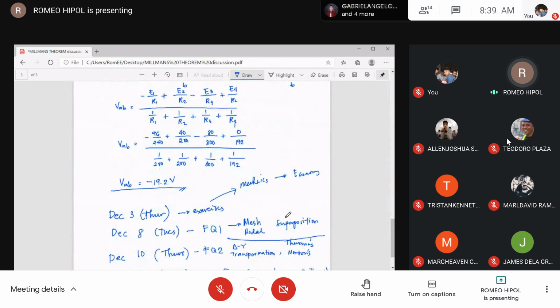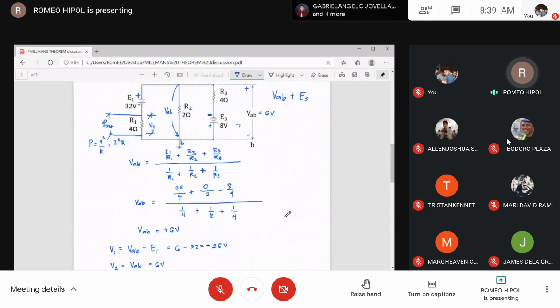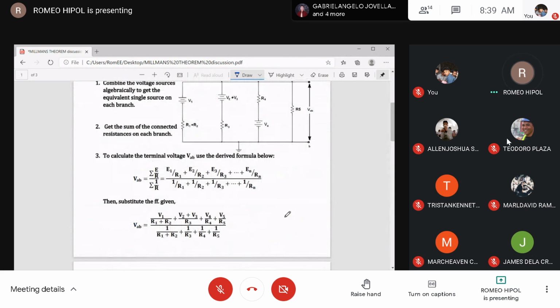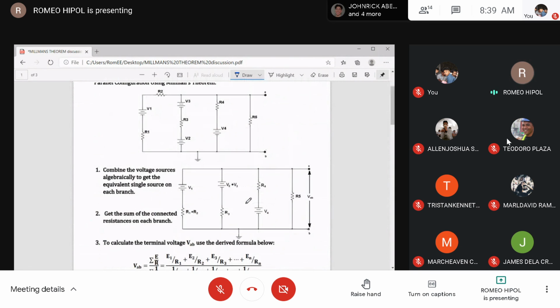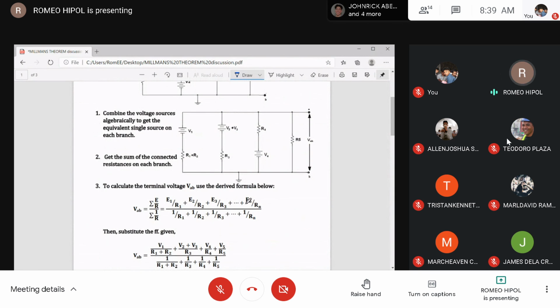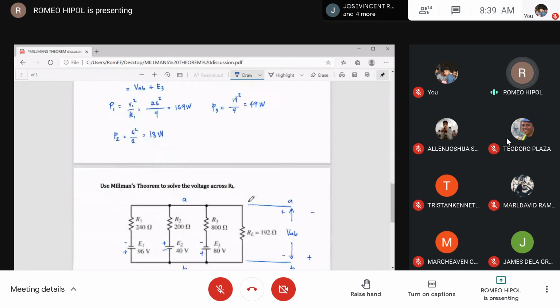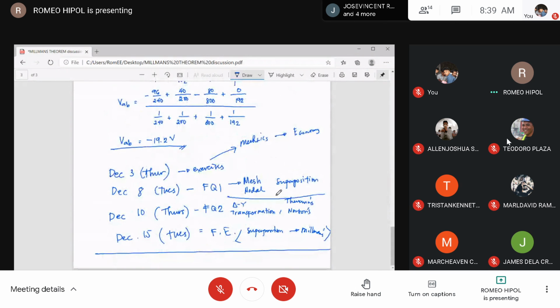Kasi tayong specific na formula rito. Ito na lang ata may formula tayo eh. Di ba? Yung delta y transformation din meron. Sa mesh nodal, superposition wala naman tayong formula. Siguro ito na lang.